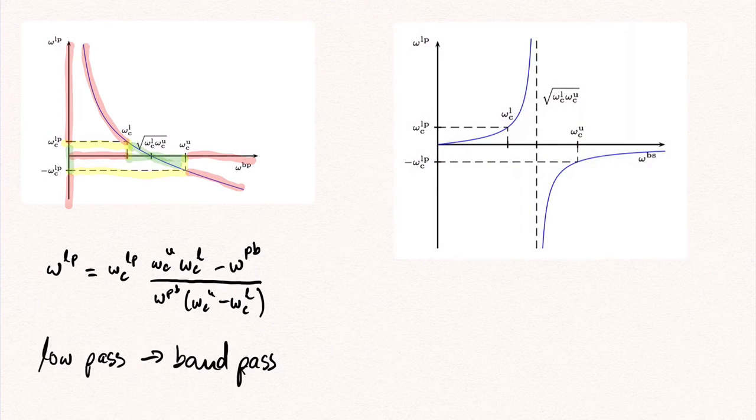The last plot illustrates how to transform a low-pass filter into a band-stop filter, also called a notch filter. The behavior of the low-pass filter at its cutoff frequency is again matched to the two cutoff frequencies of the band-stop filter. The behavior of the low-pass filter for frequencies in its passband is transformed into the frequency range of the passband of the band-stop filter, which is below the lower cutoff frequency or above the upper cutoff frequency.